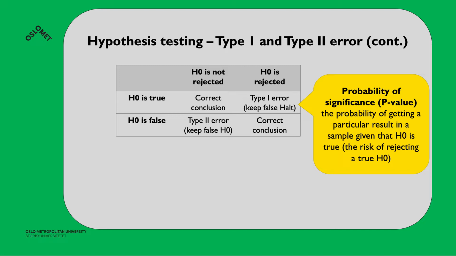But if H0 is true and H0 is rejected, that's a type 1 error, and we then keep a false alternative hypothesis and reject a true null hypothesis. But if H0 is false and H0 is not rejected, that's a type 2 error. We keep a false H0, or we reject a true alternative hypothesis.